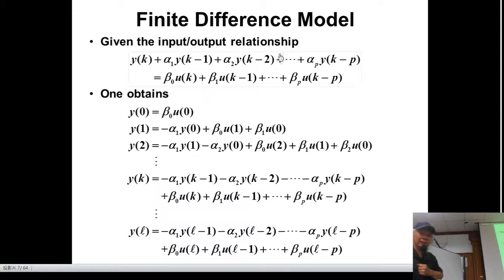If we set k equal to 0, then y0 equals beta 0 u0, and setting k equal to 1, y1 equals minus alpha 1 y0 plus beta 0 u1 plus beta 1 u0, and so on, up to as many as the number of data you have. We call the last one L.